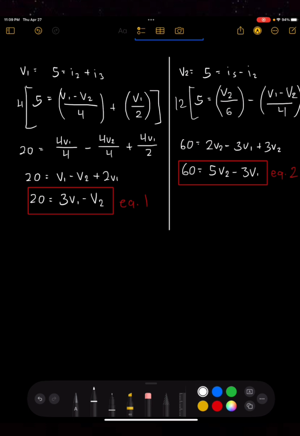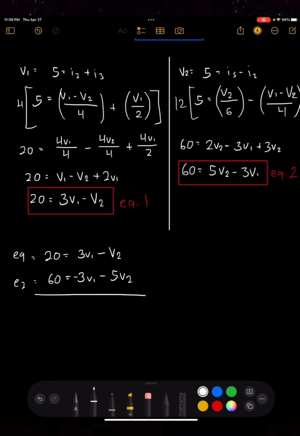Ngayon, ang gagawin natin ay gagawin na natin silang equation. Yung equation 1 at equation 2: 20 is equal to 3V1 minus V2, and 60 is equal to negative 3V1 plus 5V2.